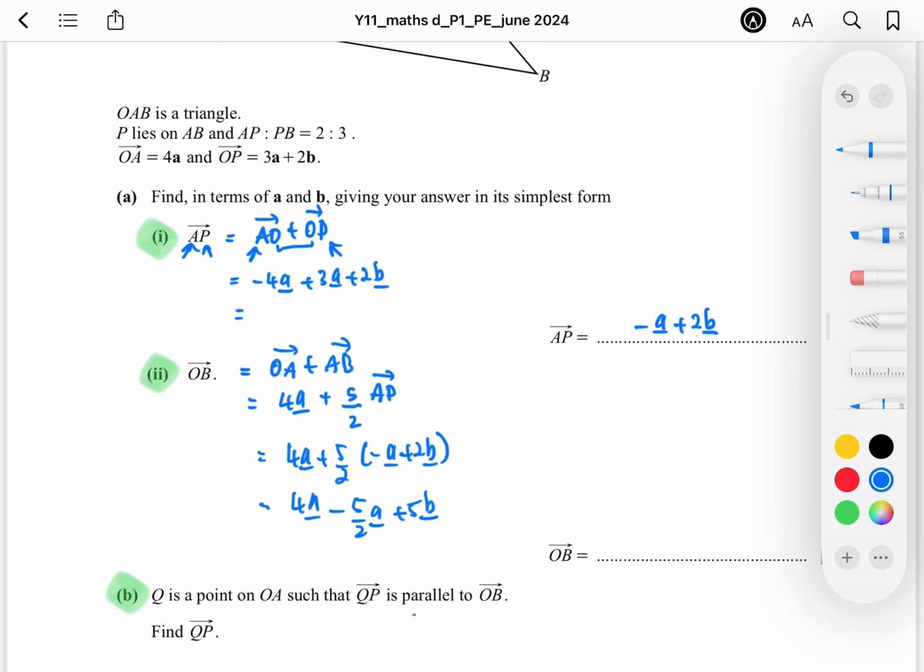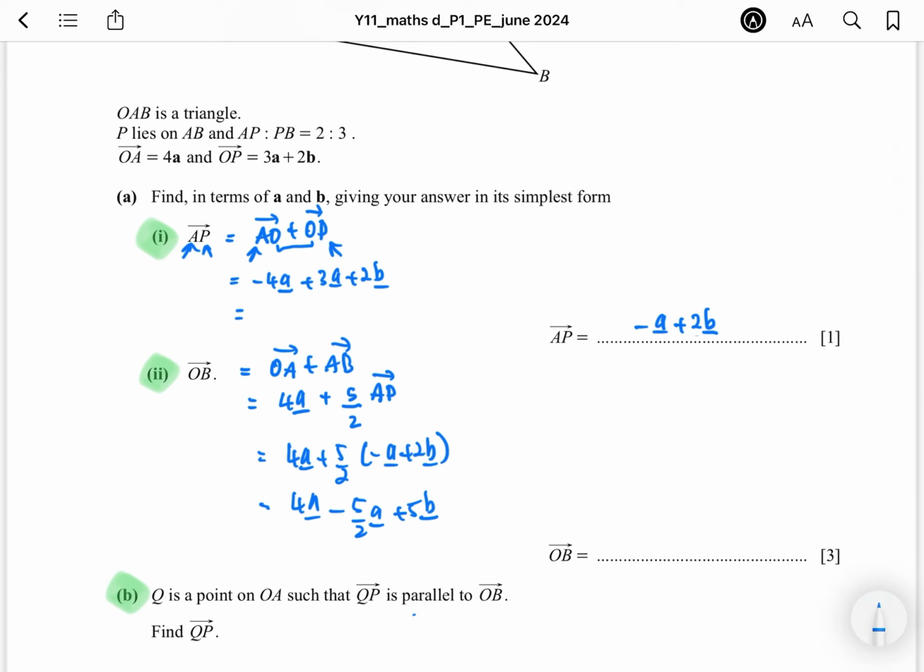So I just need to simplify the B, simplify the A. So 5 over 2 is 2.5. So 4 minus 2.5, that gives me 1.5A plus 5B.